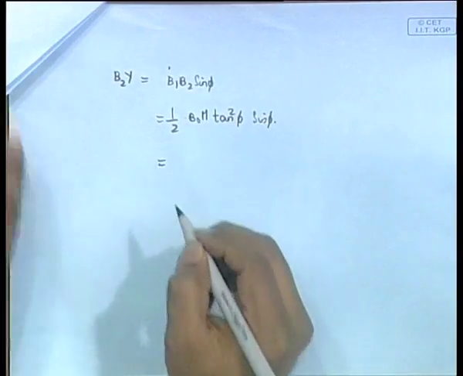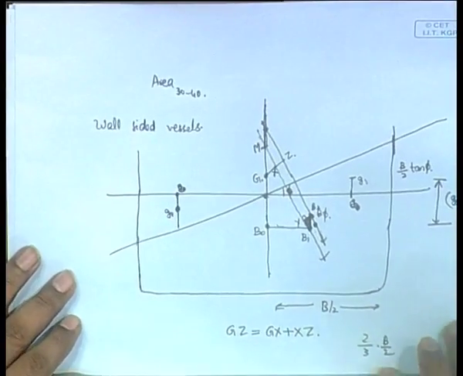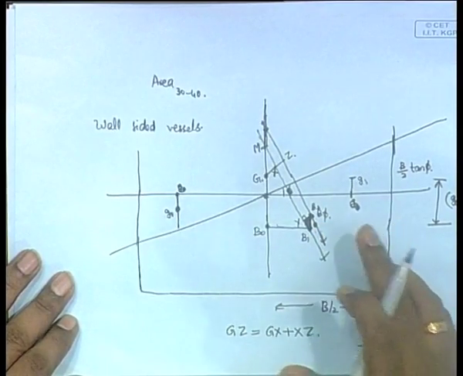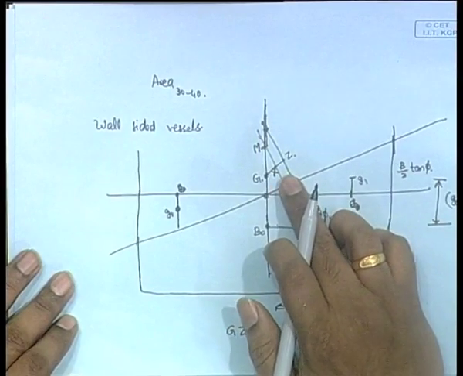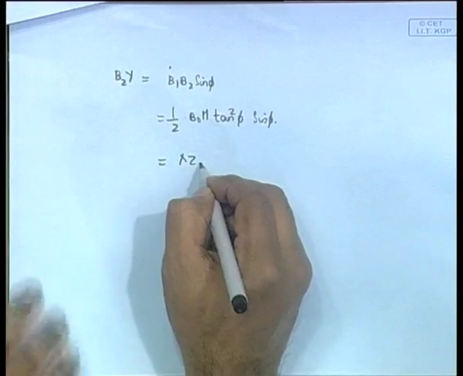Now, again note that B2y is the perpendicular distance between these two parallel lines. It is the same as xz, which is also the perpendicular distance between the two parallel lines. So, this is equal to xz.